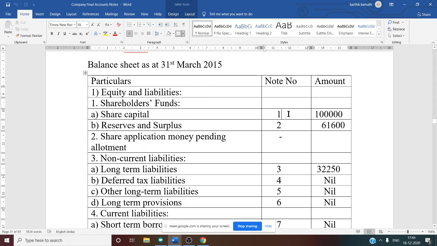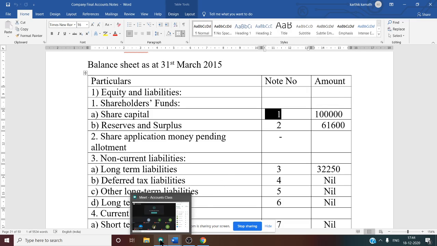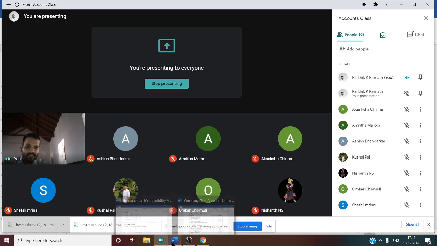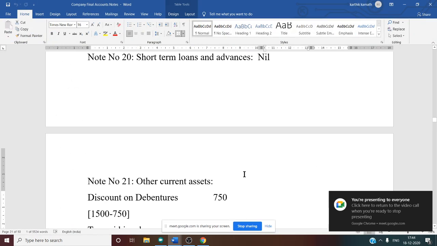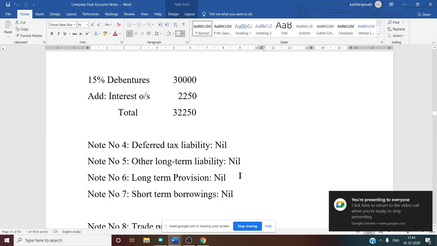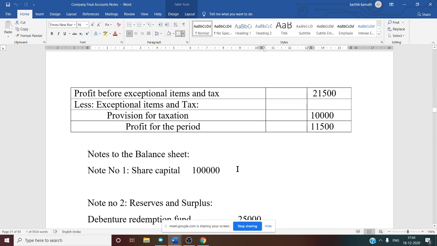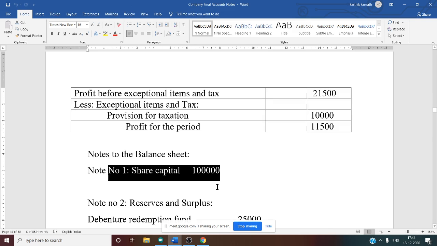Share capital we know that is working note number 1. So you can now see the working note calculation in order to get the amount. See this, now we have to see working note number 1 where we have written the amount. See now, share capital we have written 1 lakh. So directly you can write the amount.